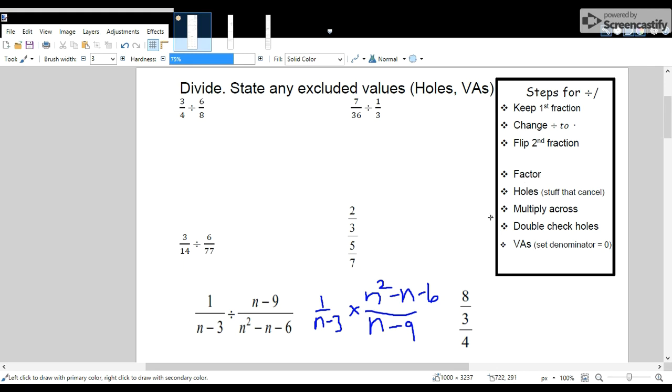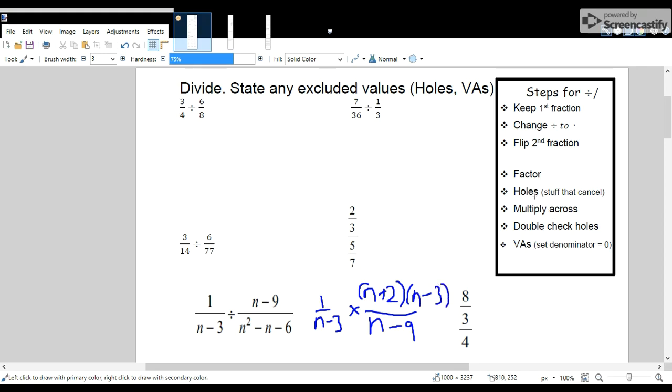Okay, the next step is to factor. This top looks like it could be factored. So let's go ahead and factor that. It will be n plus 2 and n minus 3.